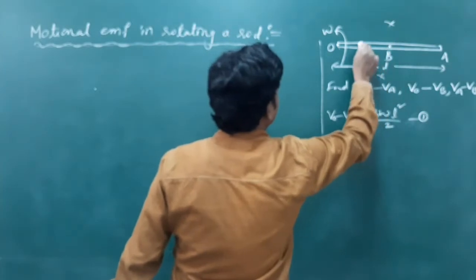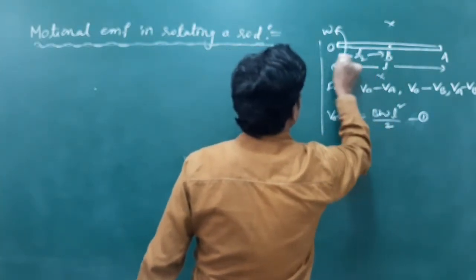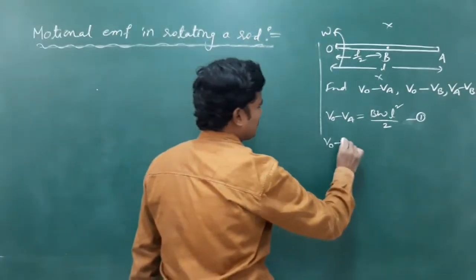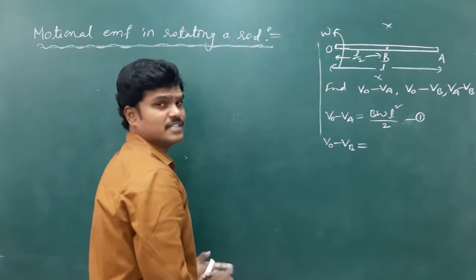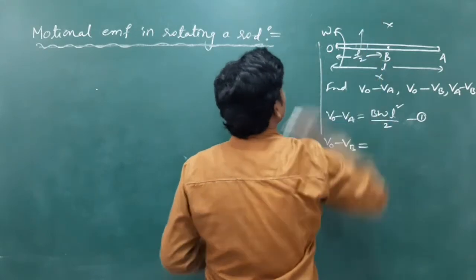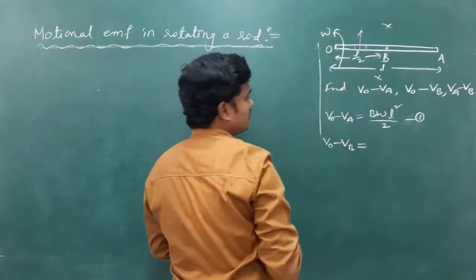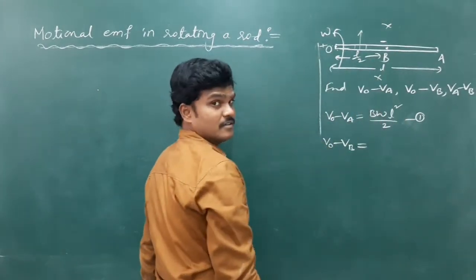To get VO, VB, what is the length? L by 2. Length is L by 2. So VO minus VB, the length is L by 2. Again, take any small element, that is also moving up, and v cross B gives induced current to the left side. Again O is at positive potential, B is at negative potential.